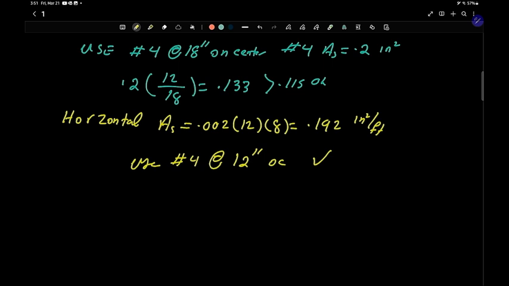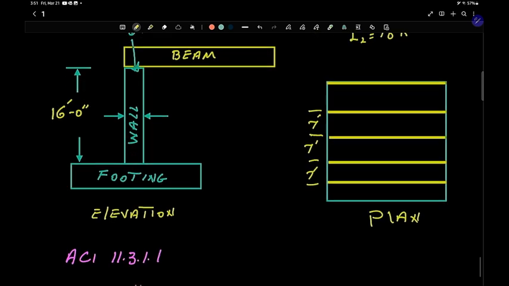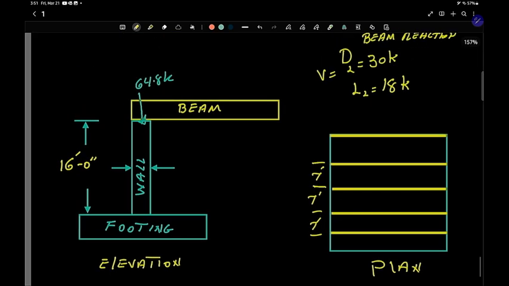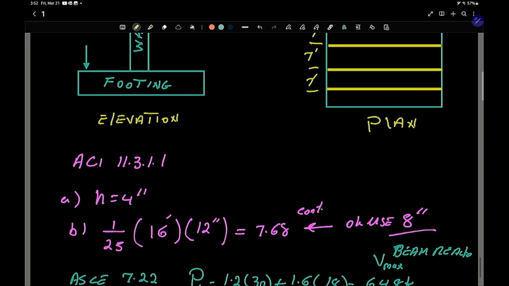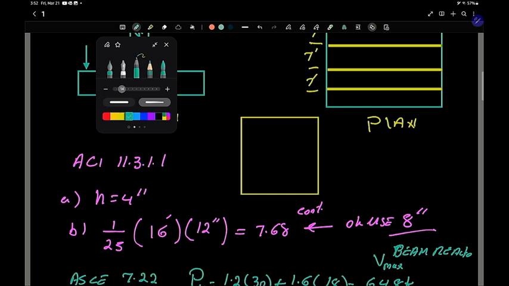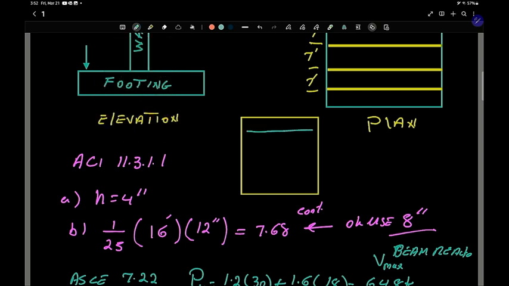So our wall is going to have rebar like this, and then we're going to have it also this way. If I look at the whole plan view of the wall, looking at the side view of the wall, the rebar is going to be going this way, one mat anyway, and it's going to come this way.